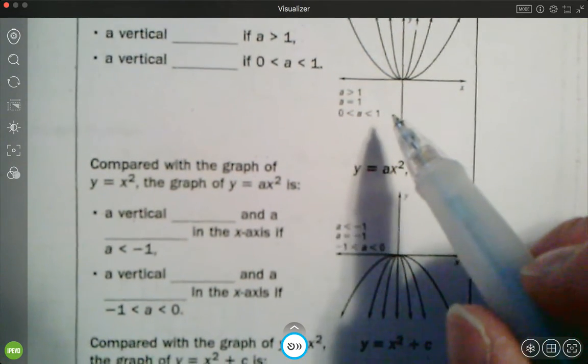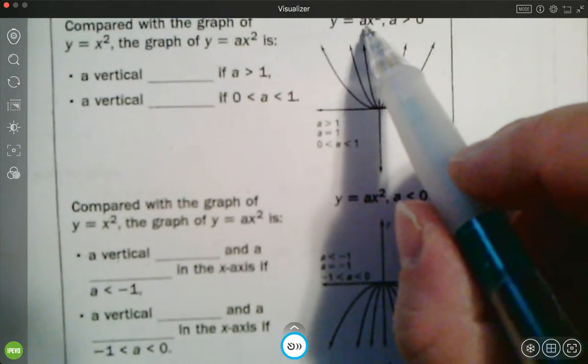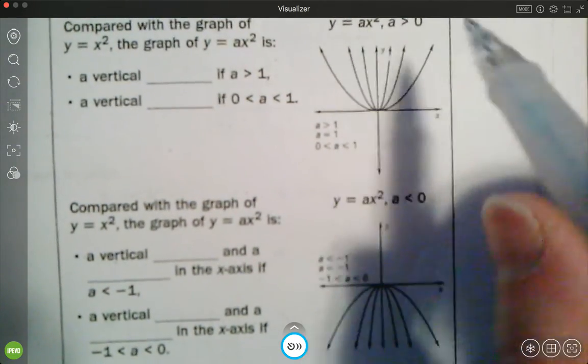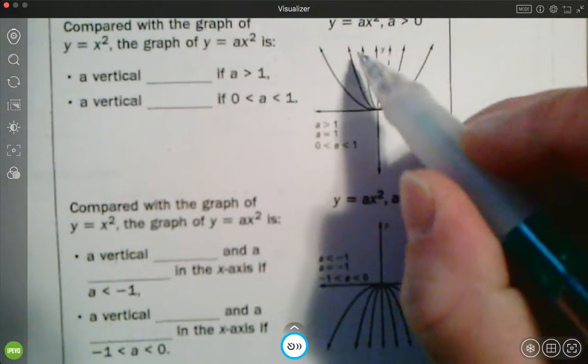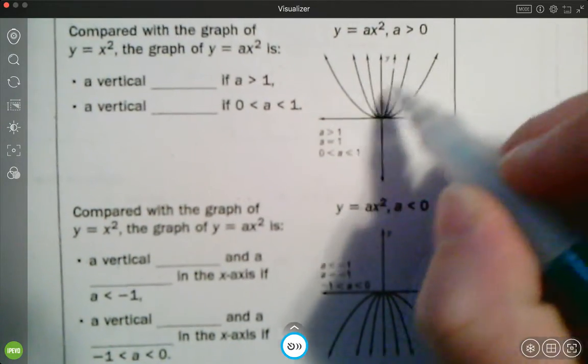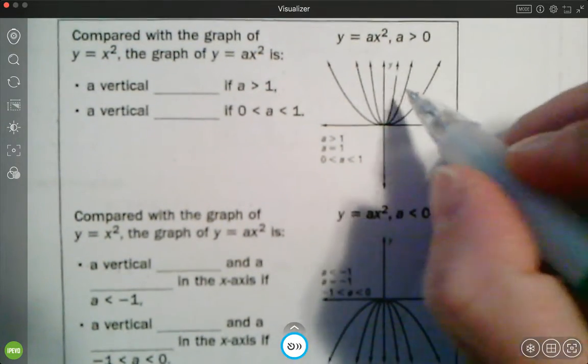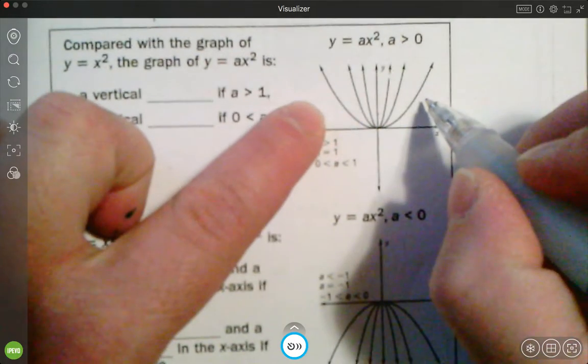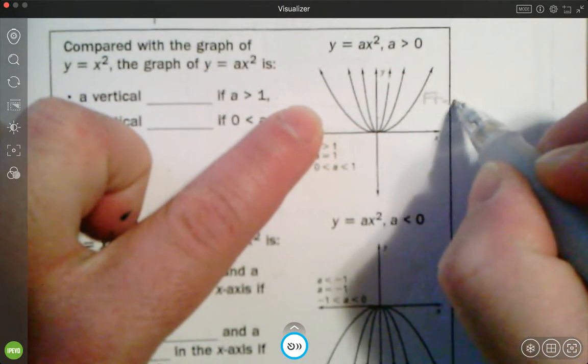I think what this graphic is basically saying is if your A is positive, your parabolas are always going to be facing up, okay? But you can notice the wider ones, these are probably fractions, right?